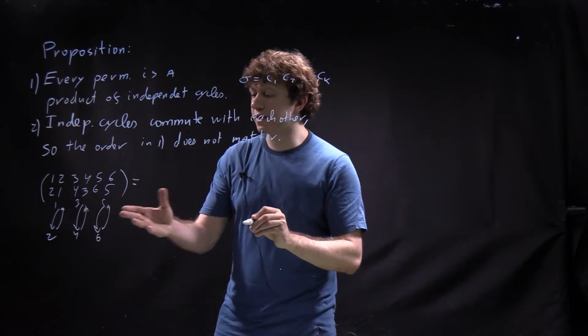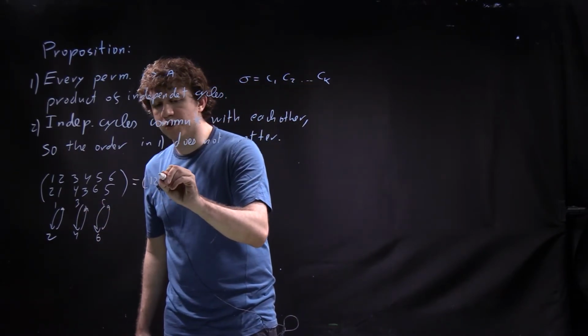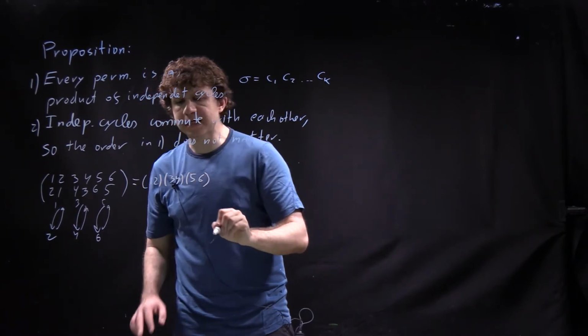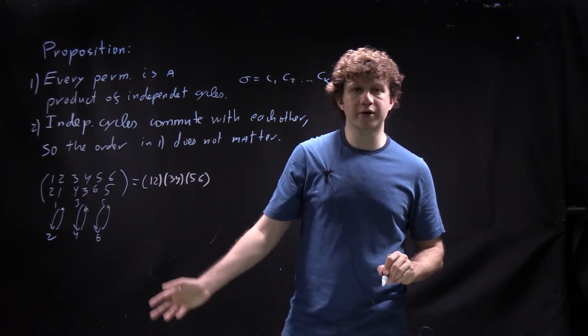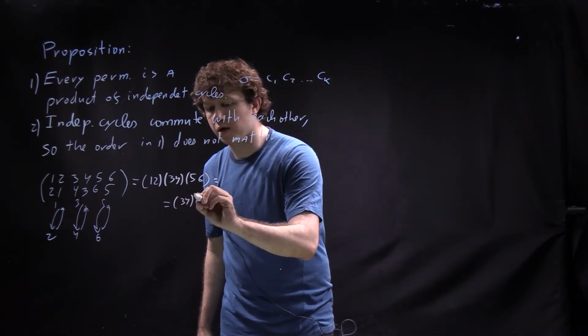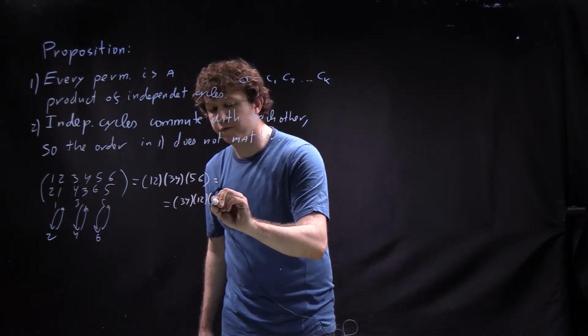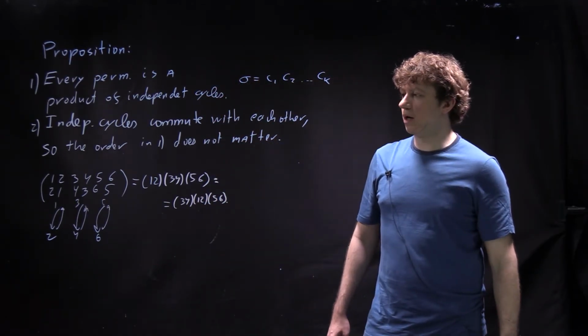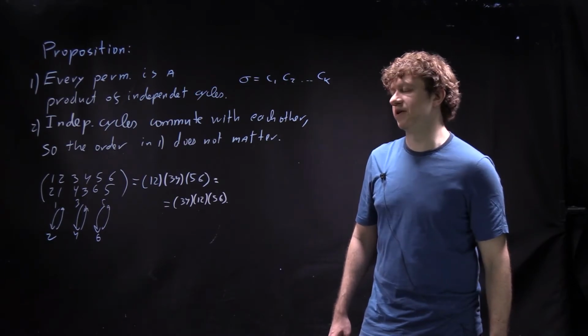And indeed, that's a composition of a transposition (1 2), transposition (3 4), transposition (5 6), and the order here does not matter. That's the same as, for instance, I can just exchange (3 4), (1 2), (5 6). So how to prove it?